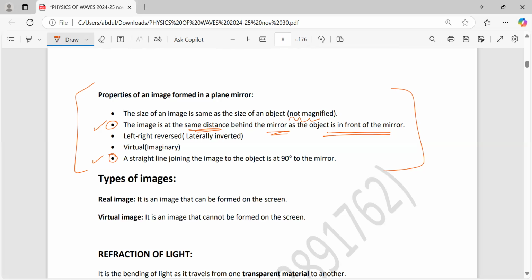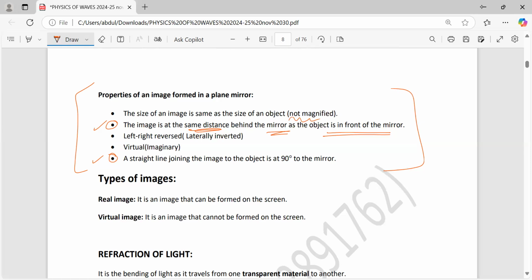Second, the image is at the same distance behind the mirror as the object is in front of the mirror. What does it mean? Please remember that if you are standing at a distance of 20 centimeter in front of the mirror, then theory says your image is also 20 centimeter behind the mirror.